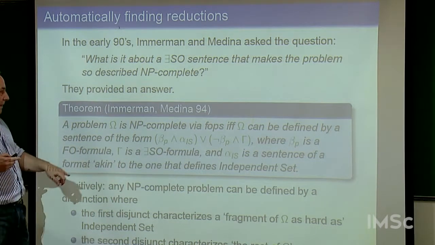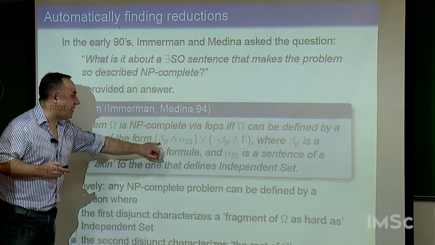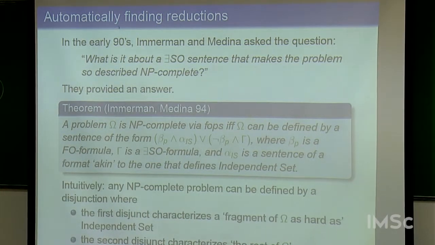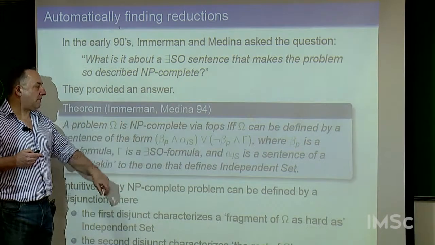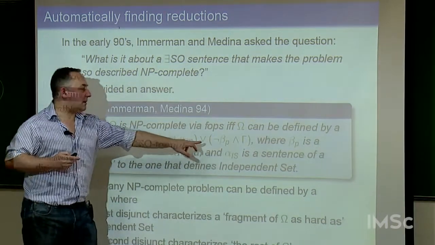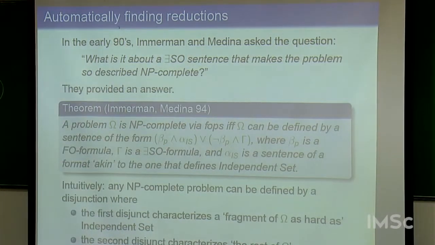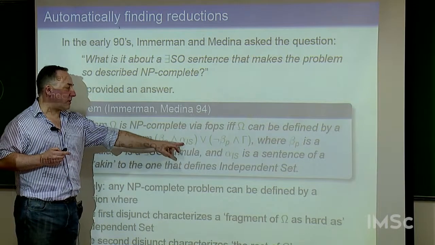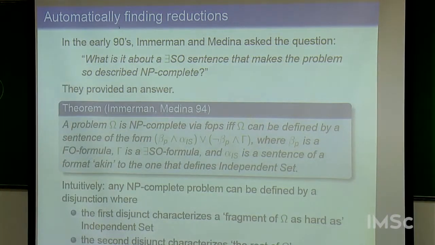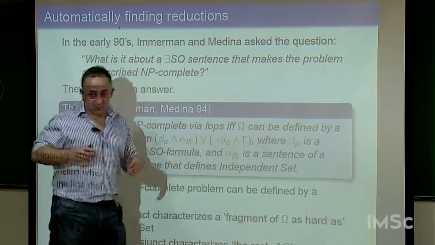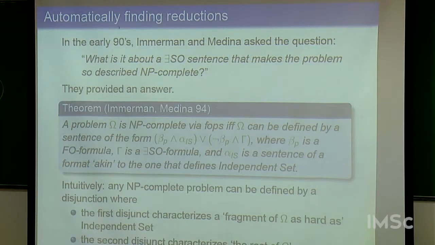If the defining formula is a disjunction of two conjunctions, where beta p is first order and appears positively here and negatively there, and the second part of the first conjunct is essentially a sentence that looks like a description of independent set. I don't want to say anything more about this. And this second conjunct here is anything you like, any second order formula.